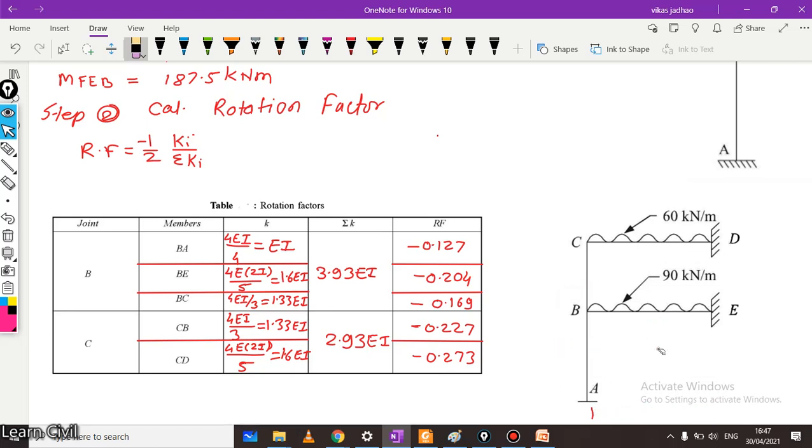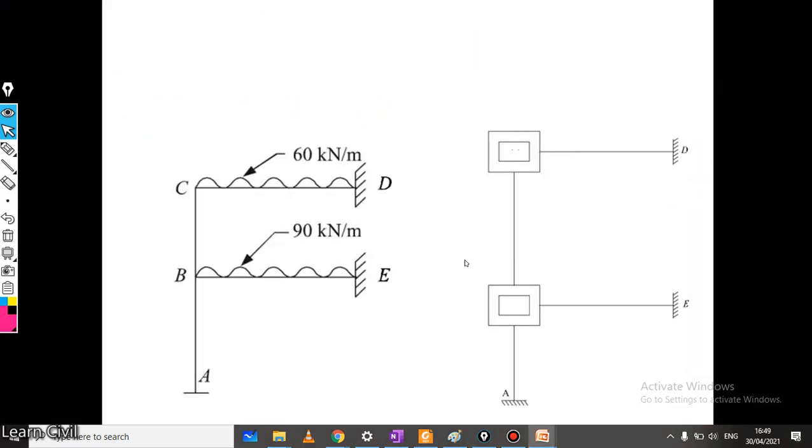So the next step will be preparation of the iteration table. The iteration table is prepared like this.